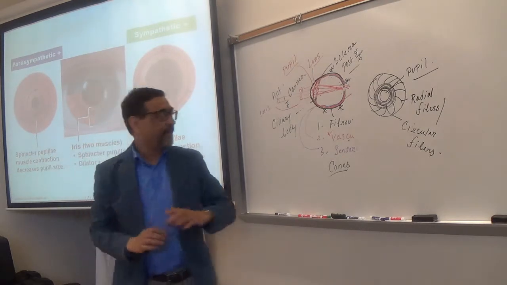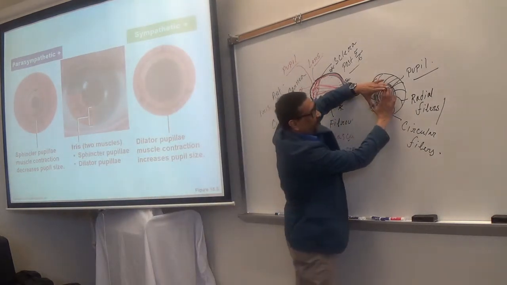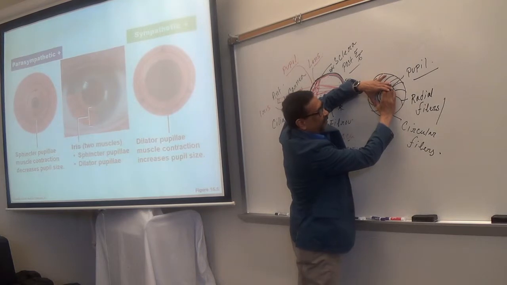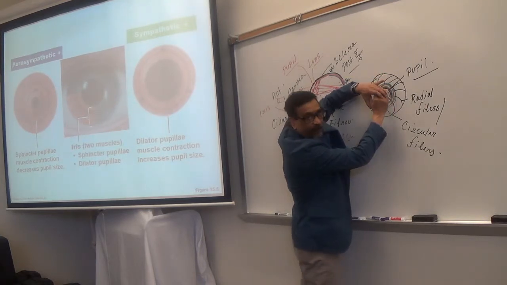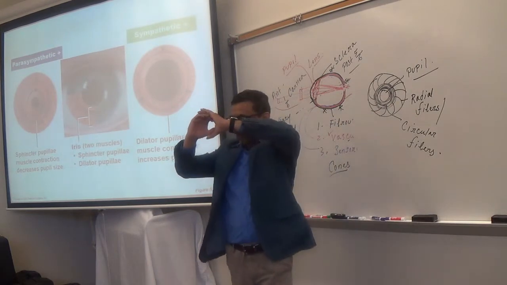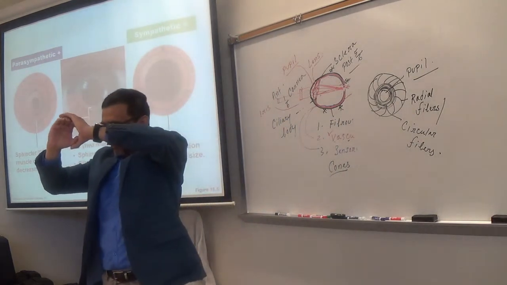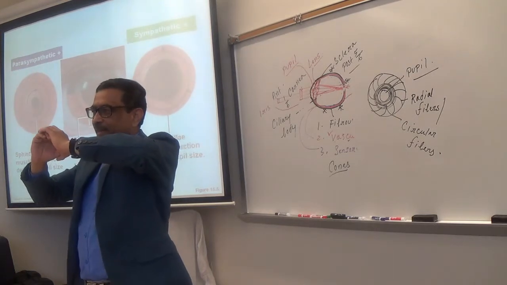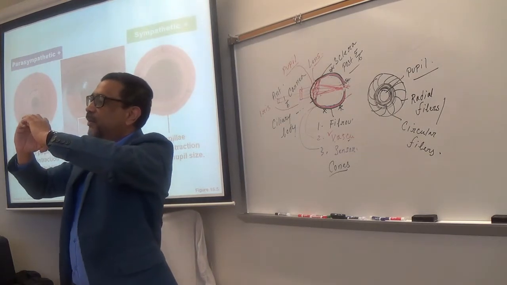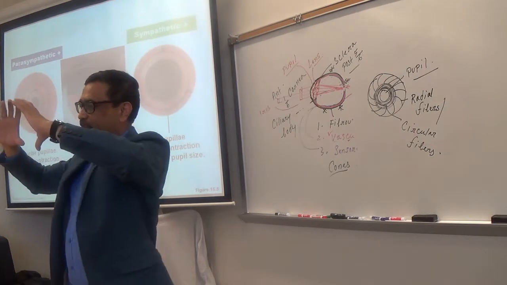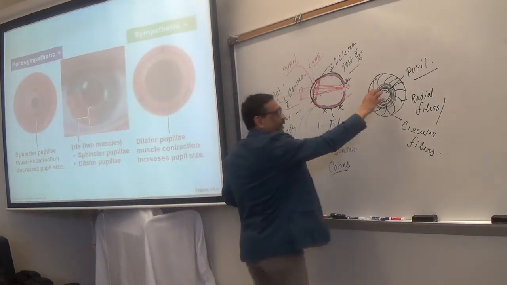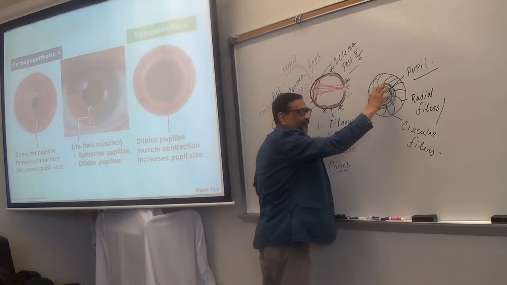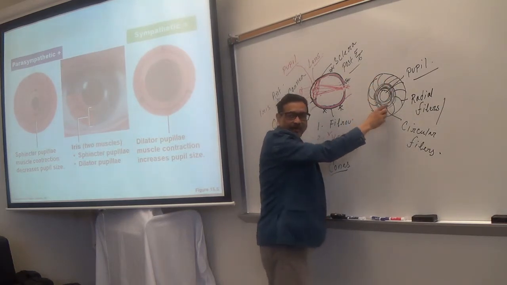Now you tell me, if the circular muscle fibers contract, the size will get smaller or bigger? Smaller. Makes sense? Contraction of circular muscle will make the pupil smaller. Constriction, makes sense? Now, how does the pupil get dilated, bigger? Circular muscle fibers relax, and these radial muscle fibers contract.